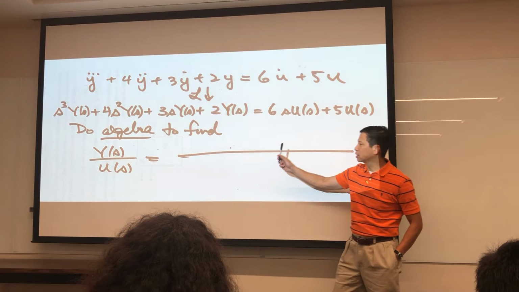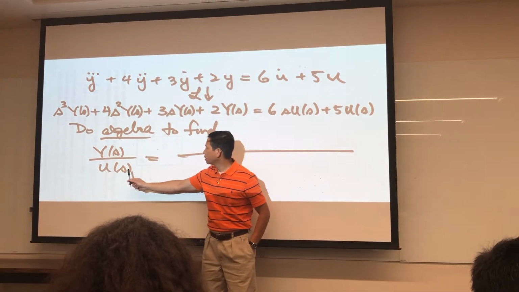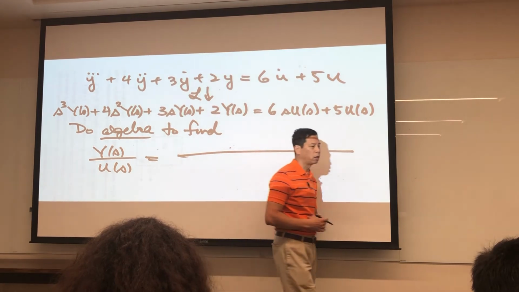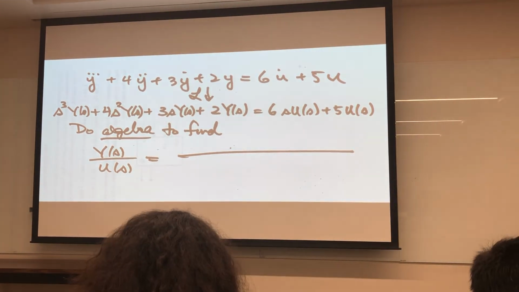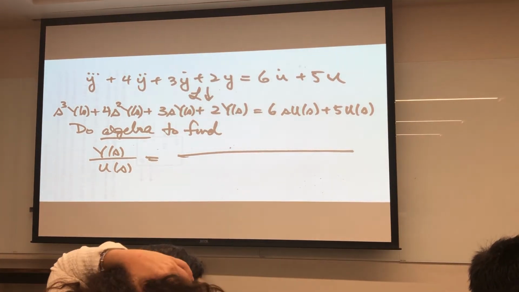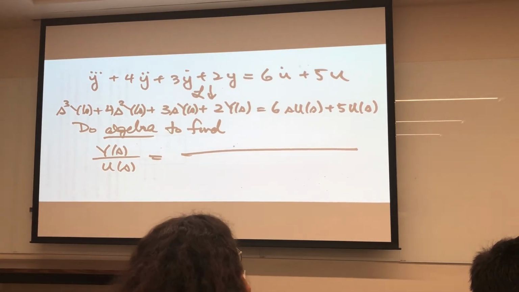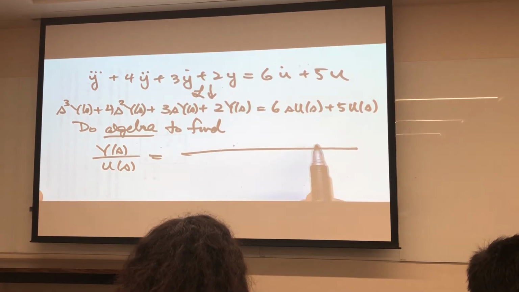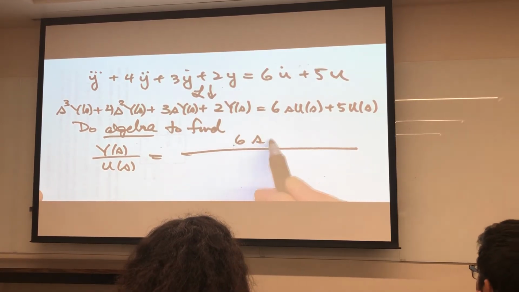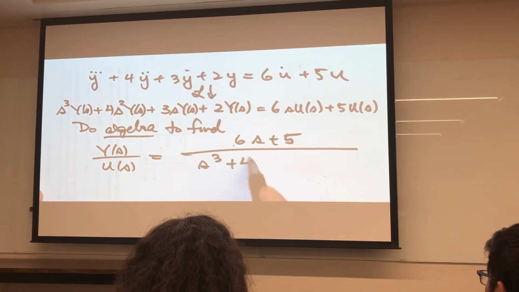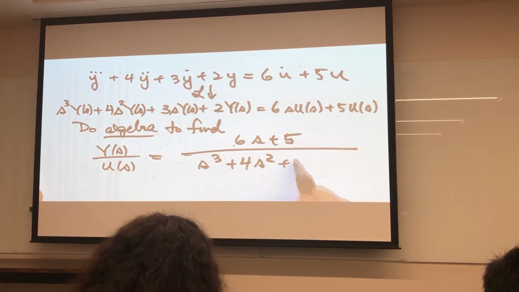I need basically to isolate everything so that all the y's are over here and all the u's over here. So think about all your algebra tricks that you know to do that. There's more than one way to do algebra. But hopefully, no matter what path we take through our algebra, we discover that the end result is 6s plus 5 over s cubed plus 4s squared plus 3s plus 2.